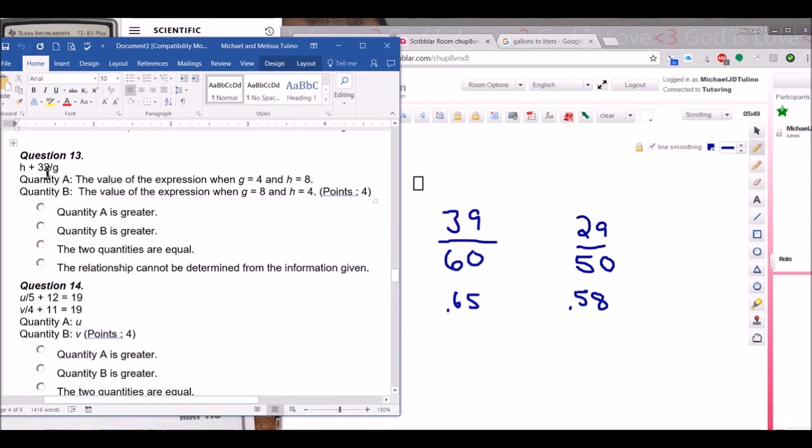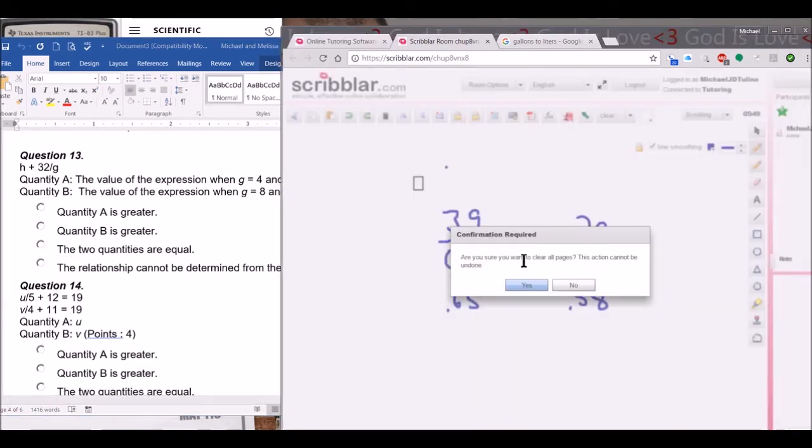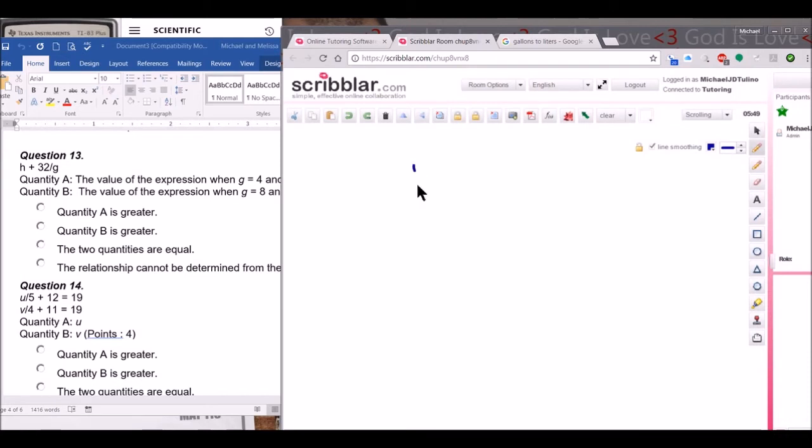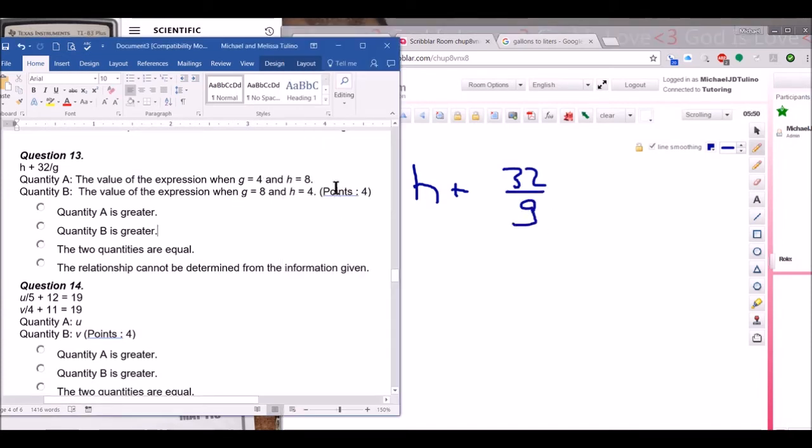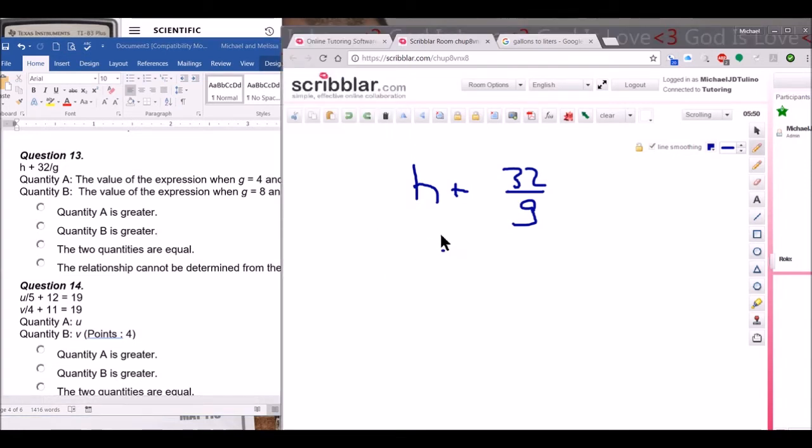We have this expression here. Oh, this is a good one. We have h plus 32 over g, when the value of g is 4 and h is 8, and then they switched them. Let's take a look.